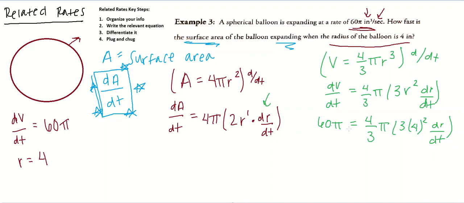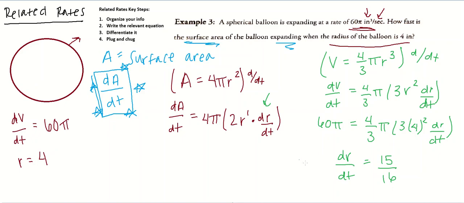So now we should be able to just solve for dr/dt using a bit of algebra, just get dr/dt by itself. I'm not going to go through that manually step by step, because you should know that algebra, but from here we would just have to get dr/dt by itself. And so if you were to do that, you would find that dr/dt is equal to 15/16.